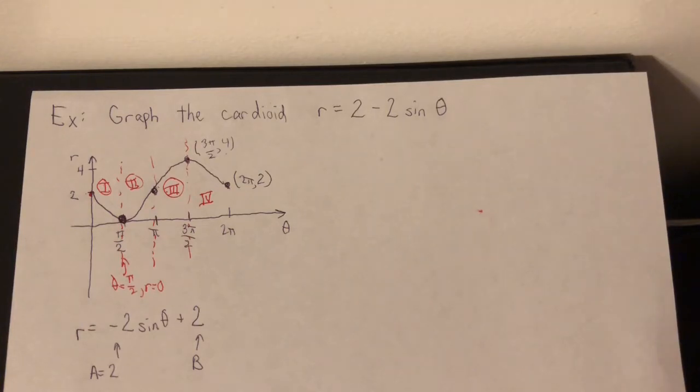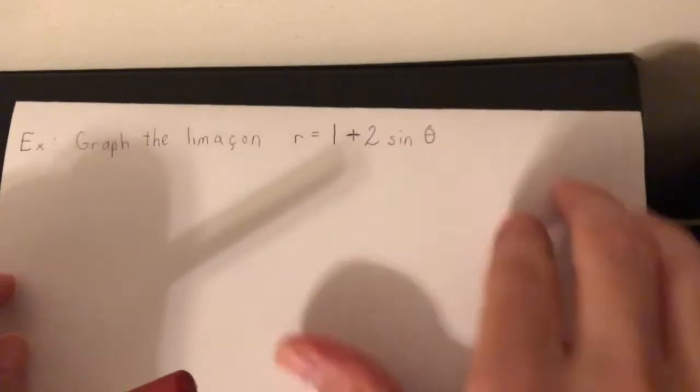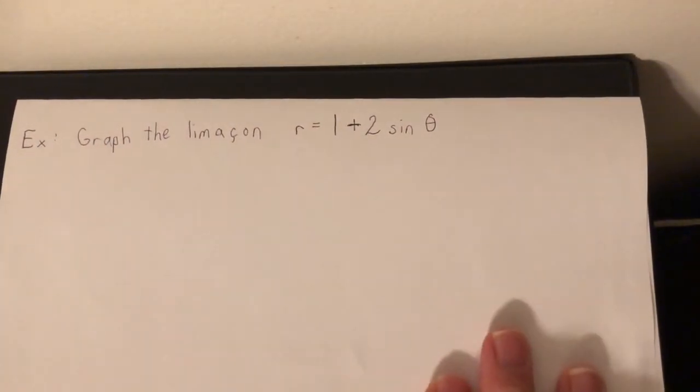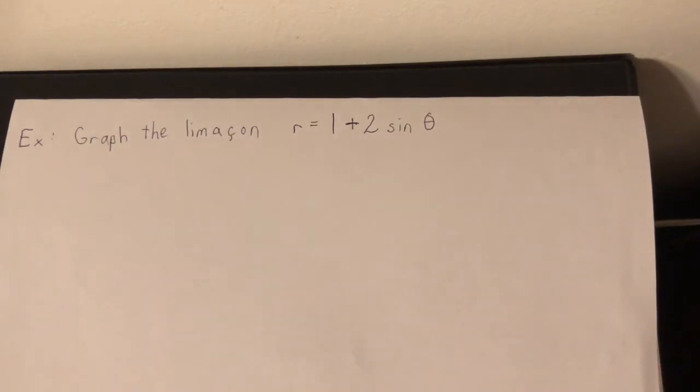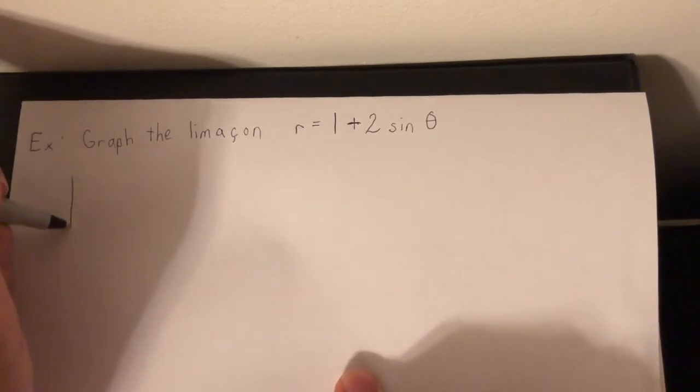Before we get to that, let's take a look at one more example. So cardioid, as I mentioned, it belongs to a more general family called limaçons. So let's take a look at this example here where we graph a limaçon. And you'll see this graph shares some similarities with the cardioid. As I said, it belongs to the same family.